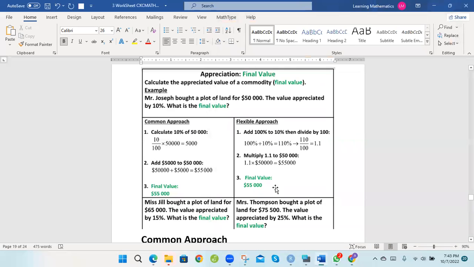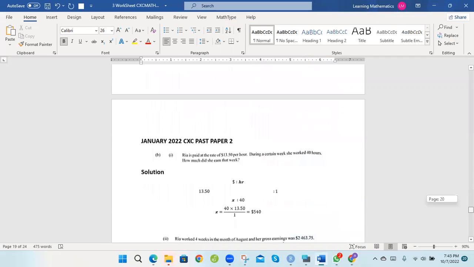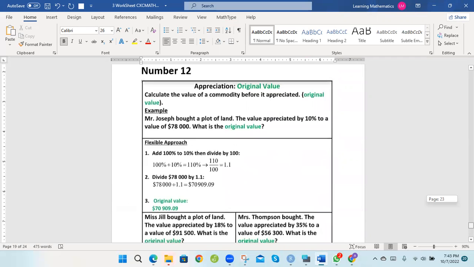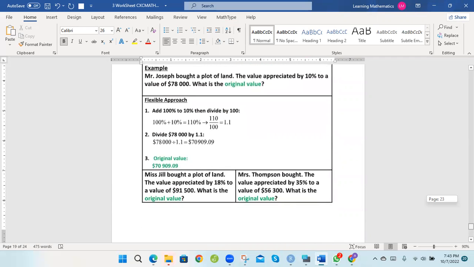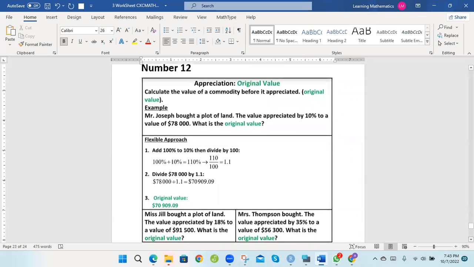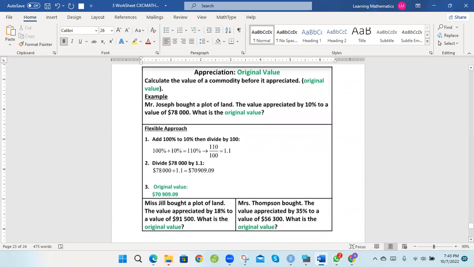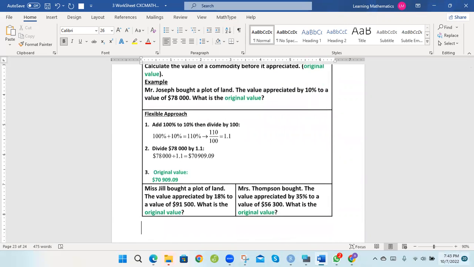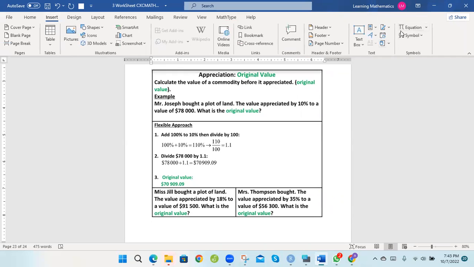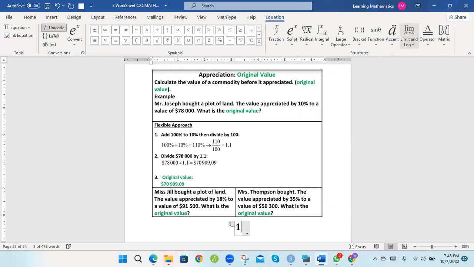The flexible approach, this is the approach that you have to master, and you can work it for finding future and you can work it for finding original. So the flexible approach says you must start with 100%. Be it the future value you're looking for, be it the original value you're looking for, you start with 100%.